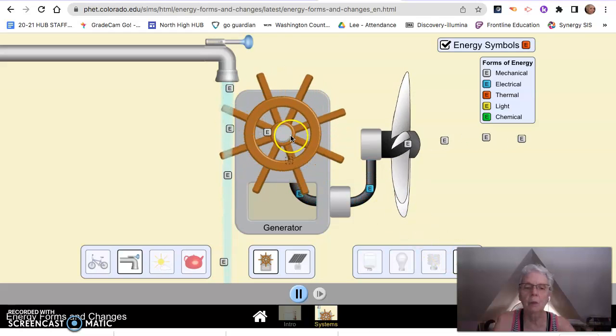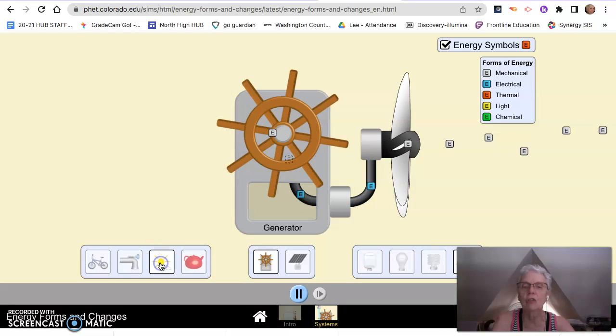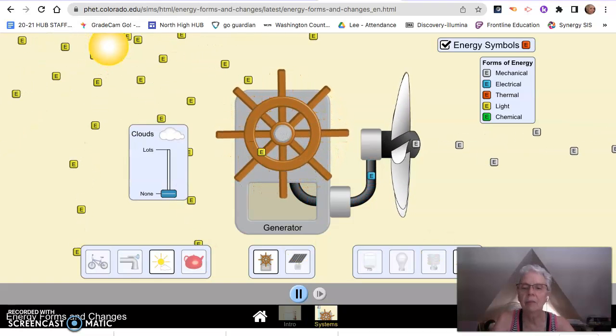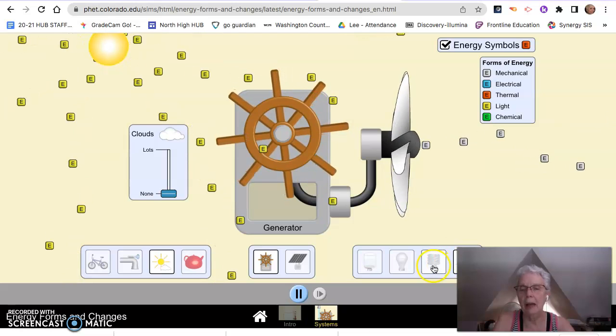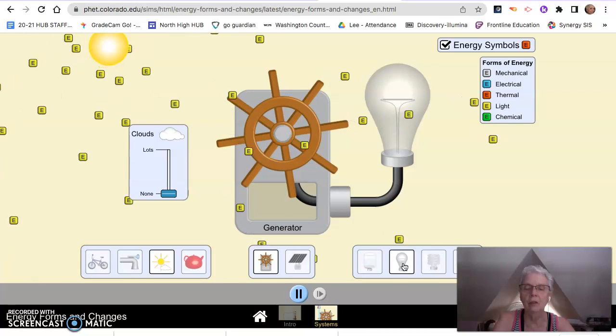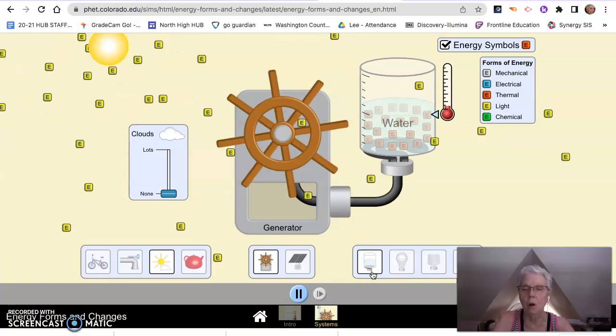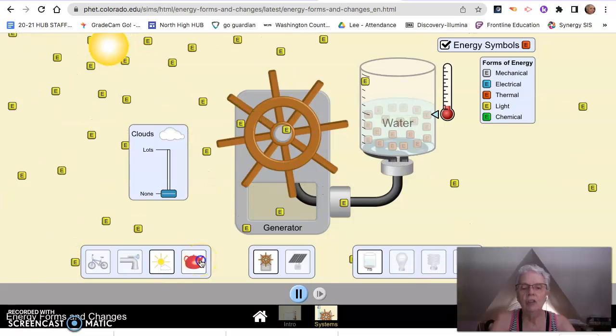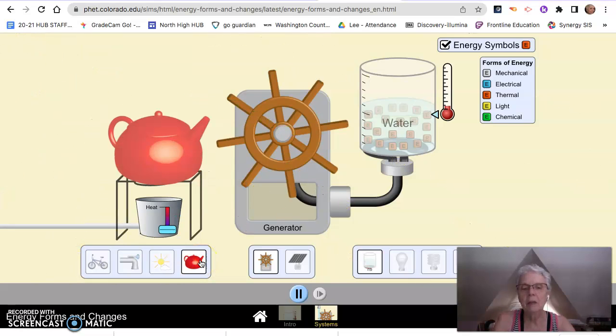Now we're going to leave the wheel on here, and we're going to change this to the sunlight. Do the exact same thing. This time we'll just go backward. We'll look at the light bulb. We're going to look at the regular light bulb, and then we'll look at the water. Next thing I'm going to change this to is steam.